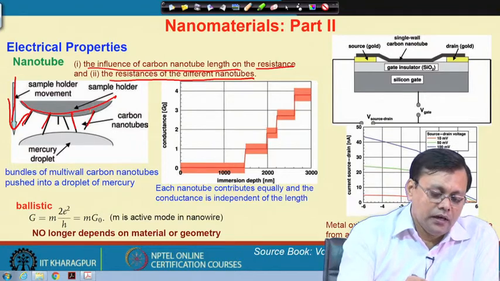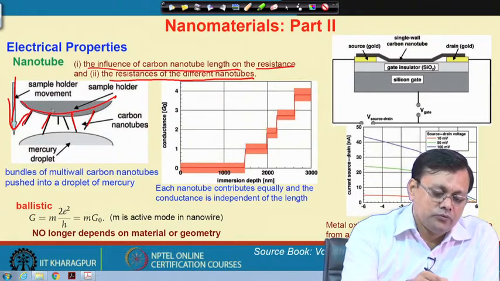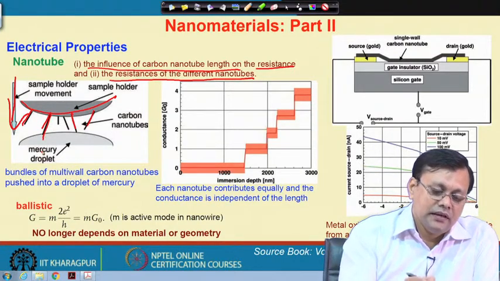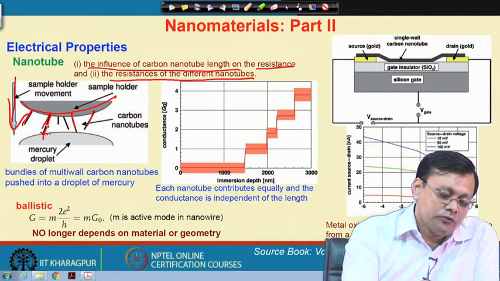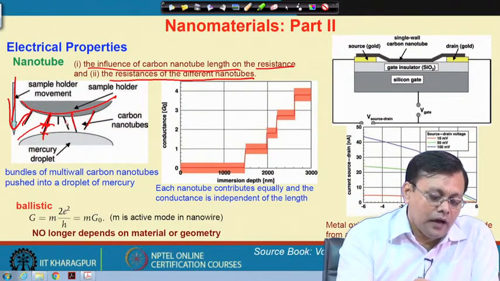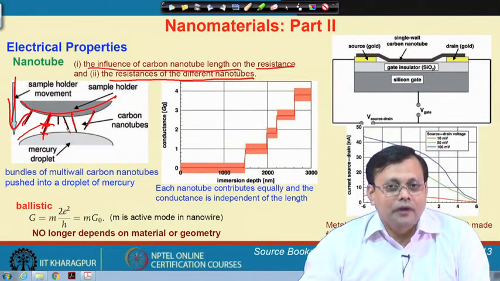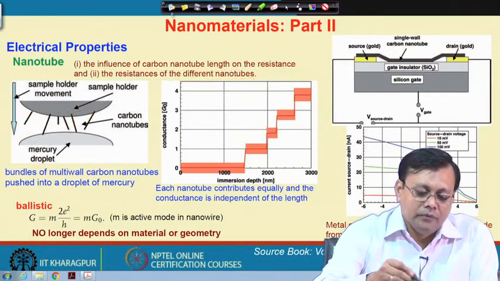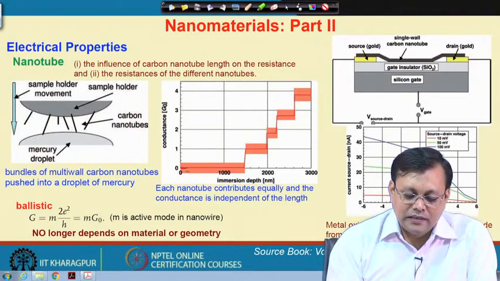So, if we increase the depth, means we dip this nanotube, then it is for sure that one nanotube will touch, then the length of this nanotube is going to decrease. So, here let us say if this mercury comes here, then length will change. On the other hand, now another nanotube may touch further, and then again further more nanotubes will touch the mercury, and in this way people did this experiment, and this is the immersion depth.